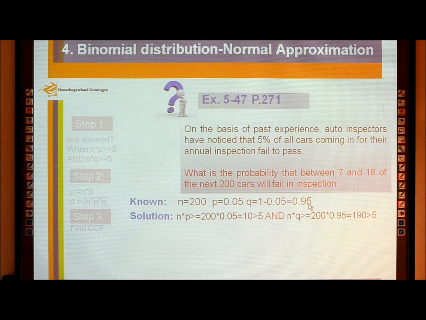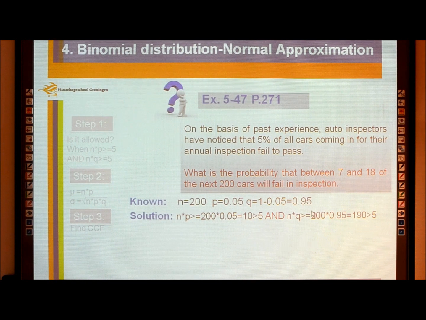The first step is to check whether it is allowed to use the normal approximation. You use n times p, so 200 times 0.05, and you get 10, which is larger than 5. At the same time, use n times q, 200 times 0.95. You get 190, which is also larger than 5.